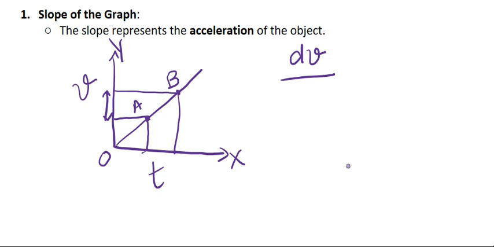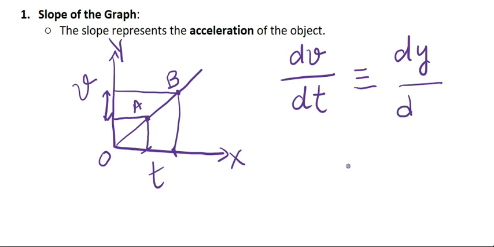A corresponding change in time can be given by the time interval between these 2 points. Say that time interval we represent by dt. So this is equivalent to the change in parameter along the y-axis divided by a corresponding change in the parameter along the x-axis, say dx. So by definition dy by dx is the slope of the graph.